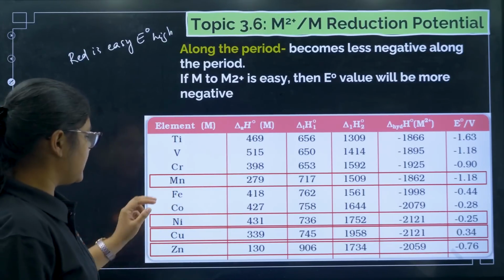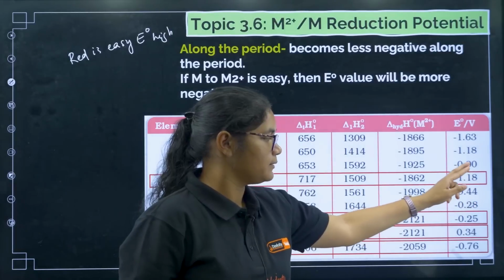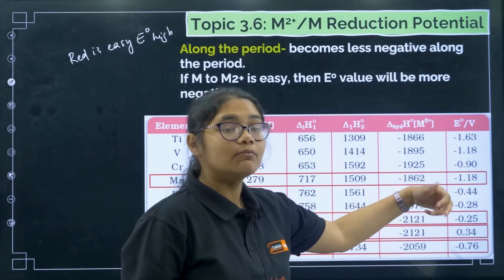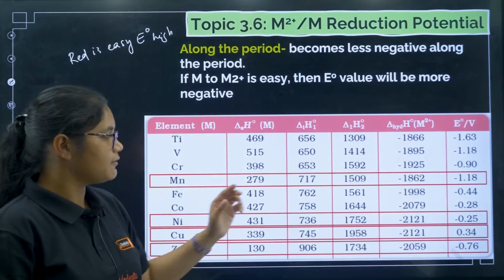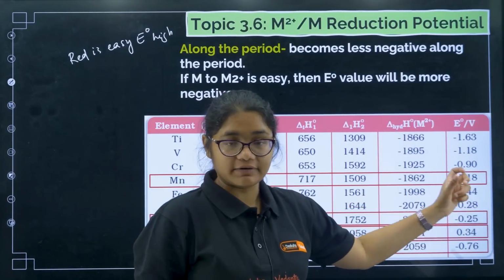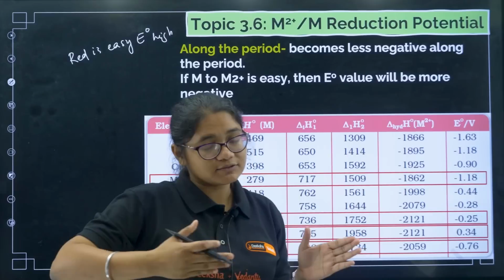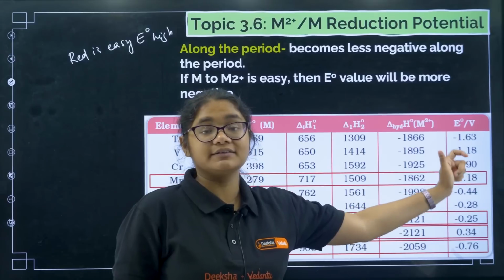You can see that from -0.9 to -1.18, the value has become more negative, meaning the reduction is difficult, right? The reduction value has decreased here, that means reduction is difficult.